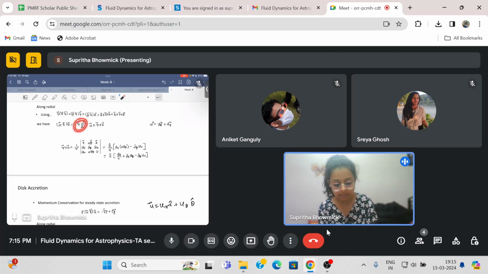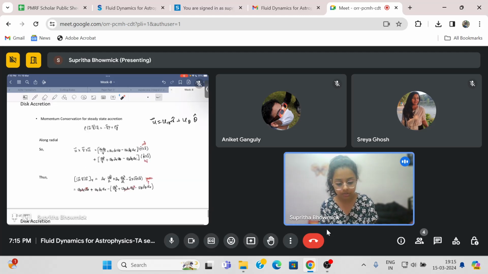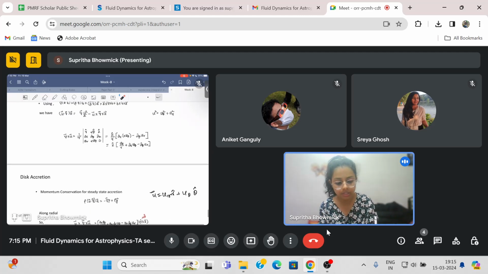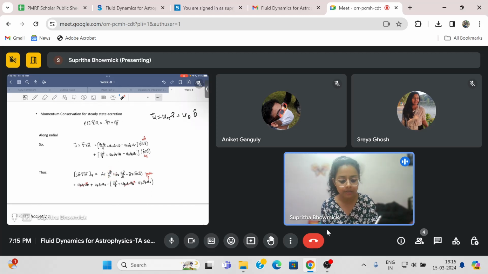And this is simply going to be the gradient of this thing. But also, since we are interested in the radial component, we just want the radial part of the gradient of this, which is going to be what? It is going to be del del r of u theta square plus ur square. So this is del del r of u theta square by 2 plus del del r of ur square by 2 minus this entire thing.